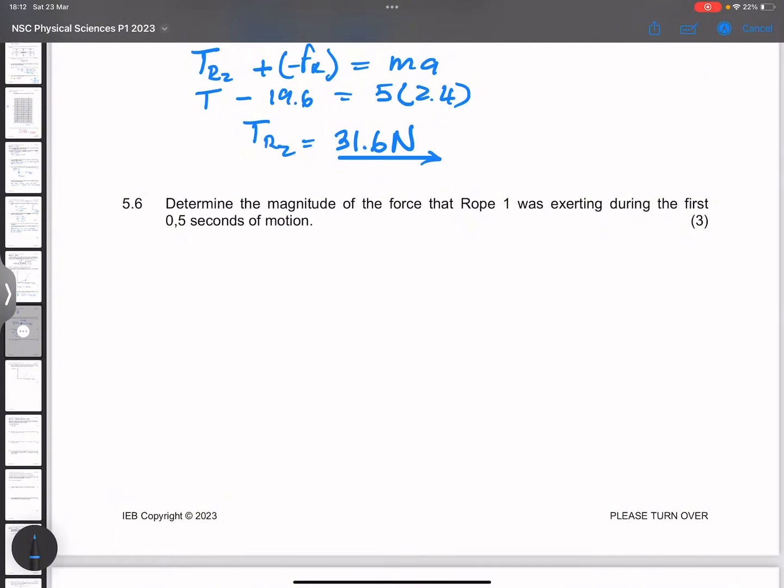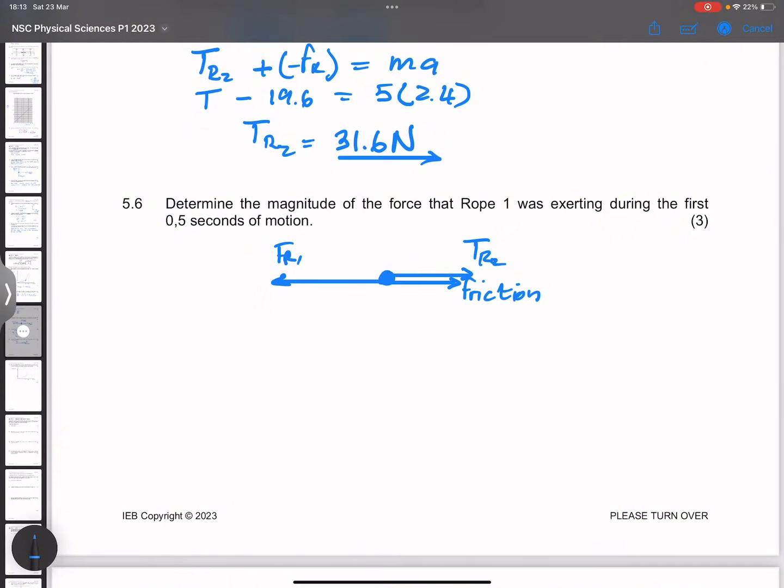Now if you think about block A, that would be the force of rope 1, the tension on rope 2, and friction acting on it, I mean the horizontal forces, and it would result in the same acceleration.